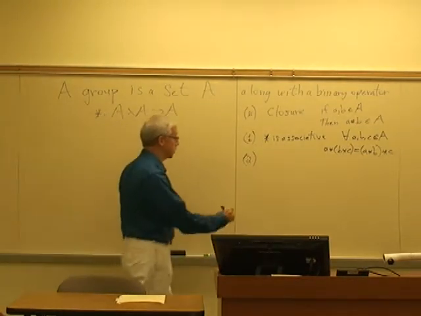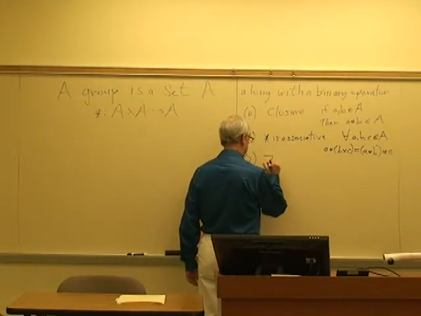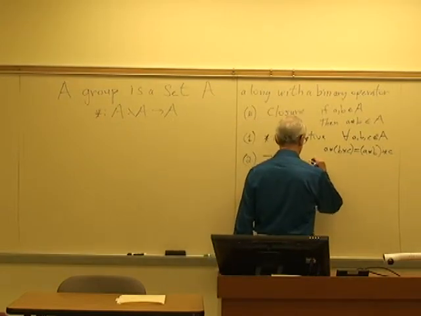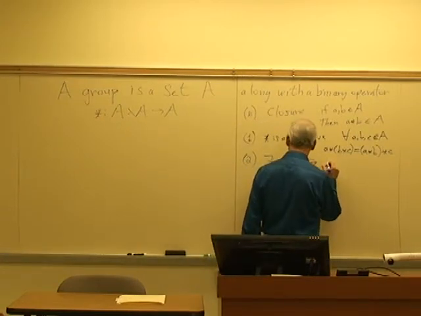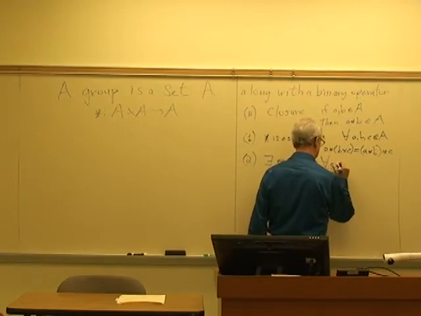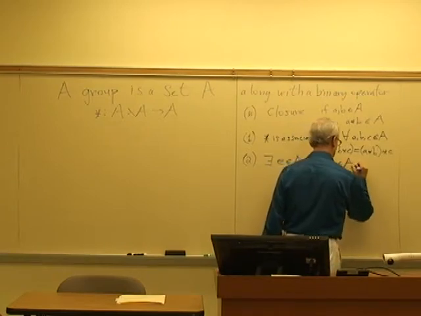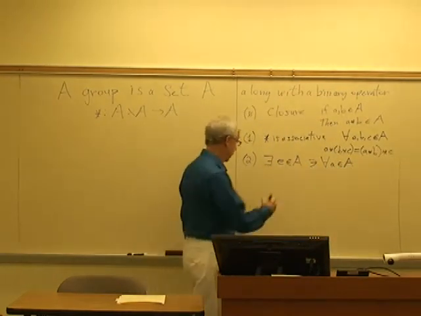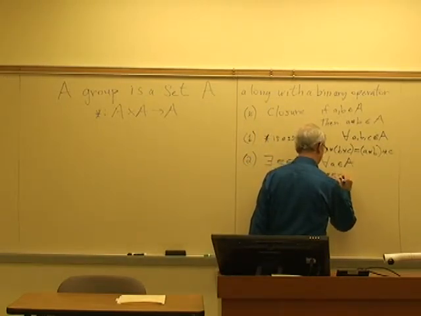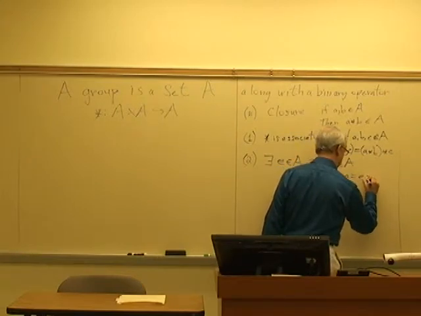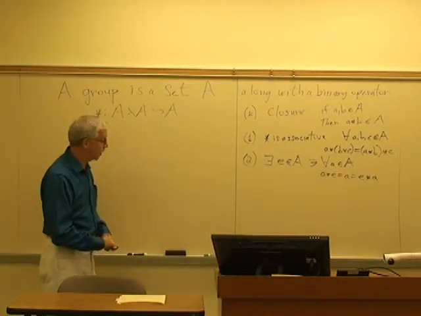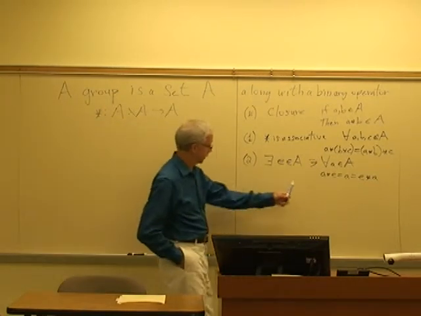What else do we need? There must exist an identity in the set such that whenever I operate any element, take any other element, or including this element, I need A operated with the identity must be A, and that must be the same as the identity operated with A. That is, the identity is the thing that doesn't change the input.